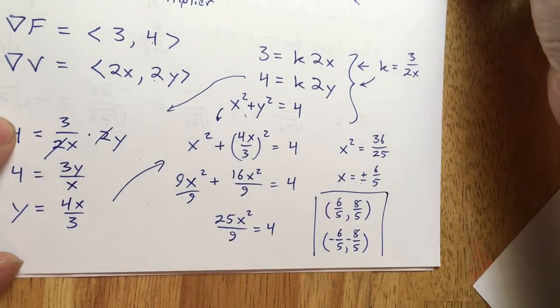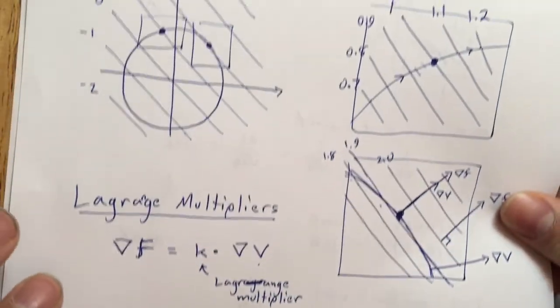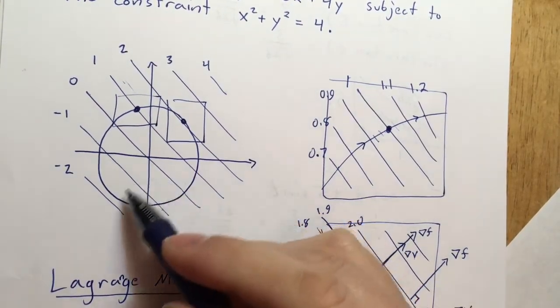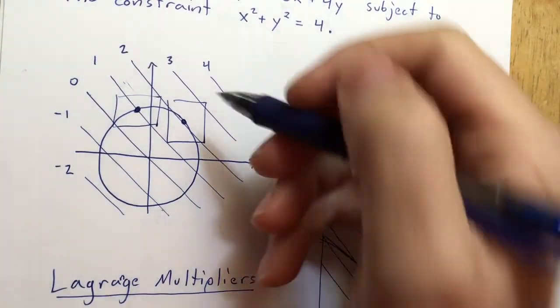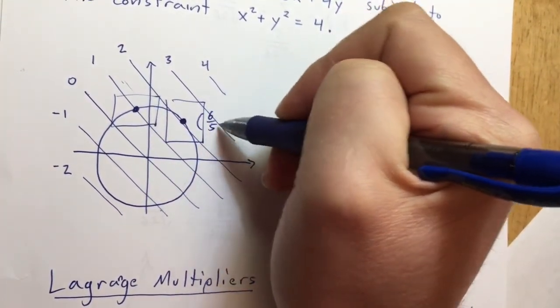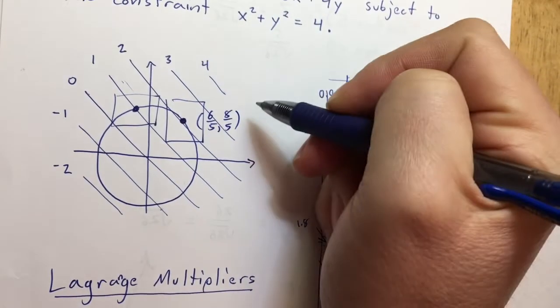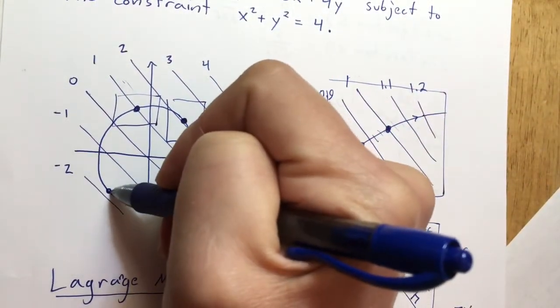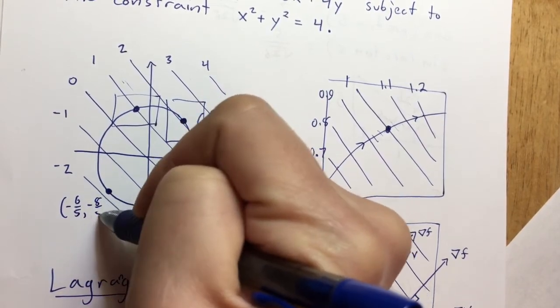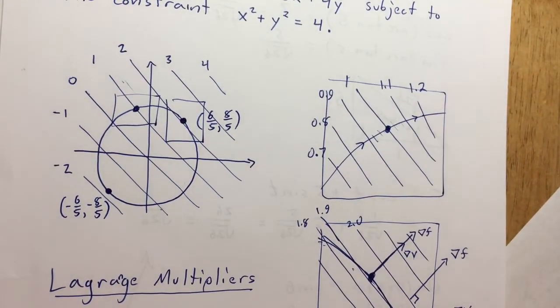Now, what do they correspond to in the picture? Well, the (6/5, 8/5) is this point over here. And the (-6/5, -8/5) is this point over here.